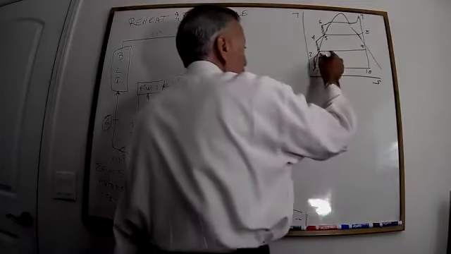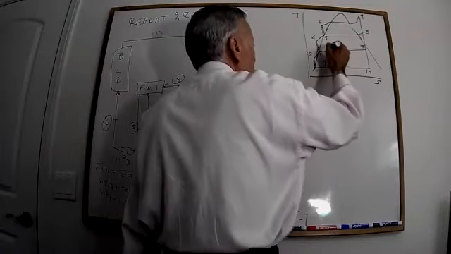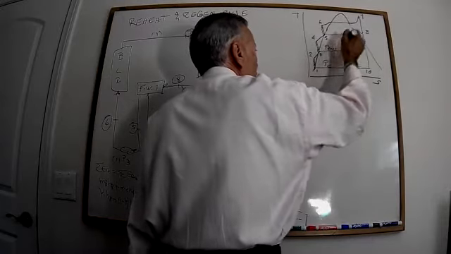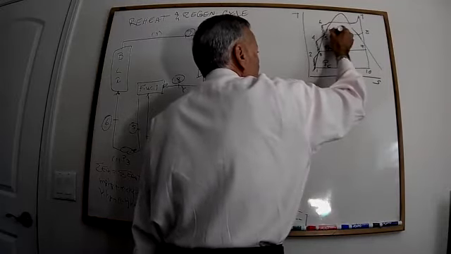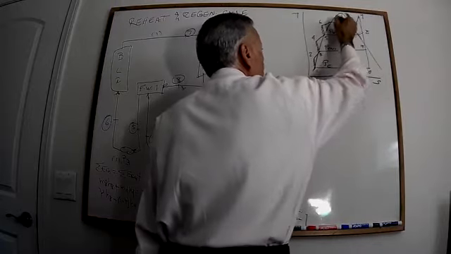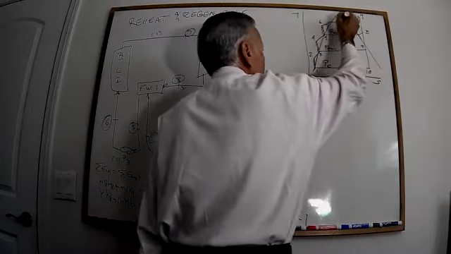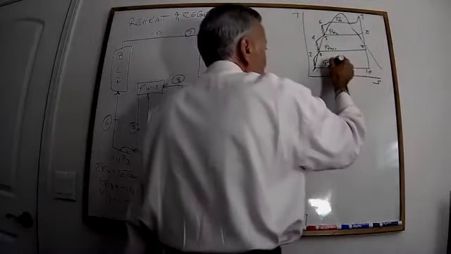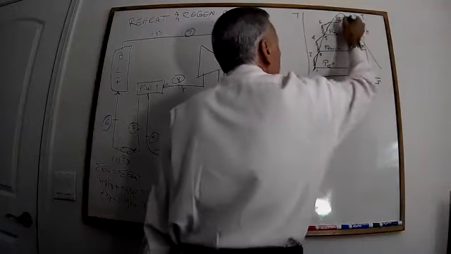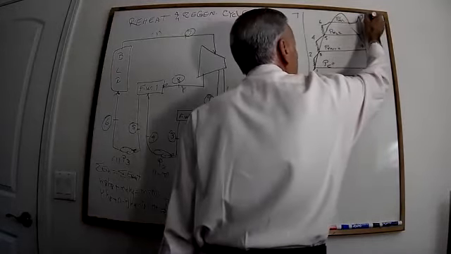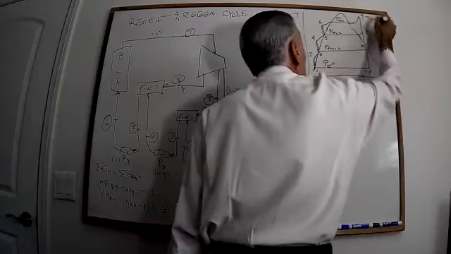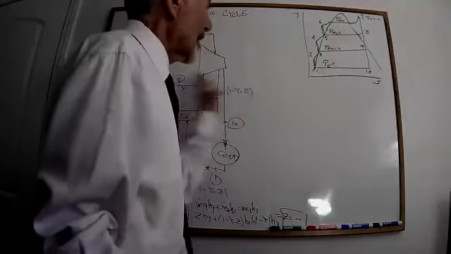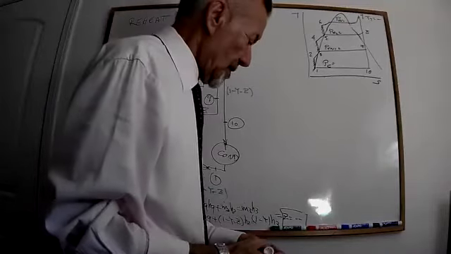Now, this is the condenser pressure, first feed water heater, and that's the boiler pressure. So put all these pressure values here, put the temperature there. This way, you don't have to go back and forth looking at everything.